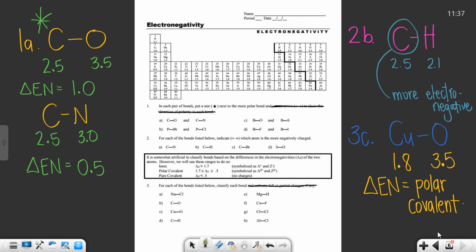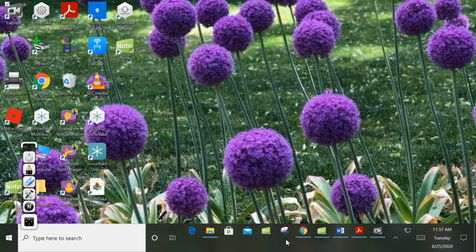There are two ways that we can do that. Once again, you can either look at the location of the elements on the periodic table versus finding the difference in electronegativity. Complete this handout, and if you have any questions, we will go over them. Okay? All right, everyone. That's it.